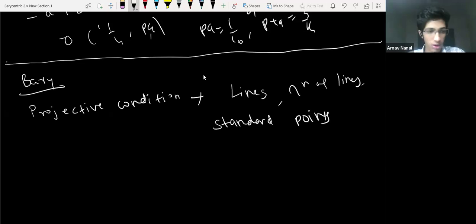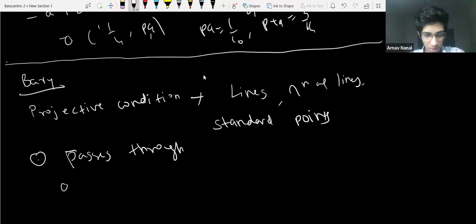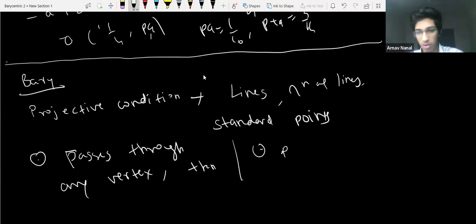And also, even though the equation of the circle looks difficult, if the circle passes through any of the vertices, then it becomes very easy. Like if the circle passes through A, so if A belongs to the circle, then in the equation you directly get u equal to 0. So that becomes a very nice and symmetric thing.